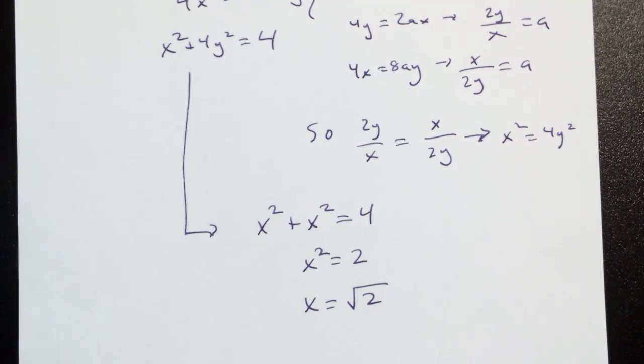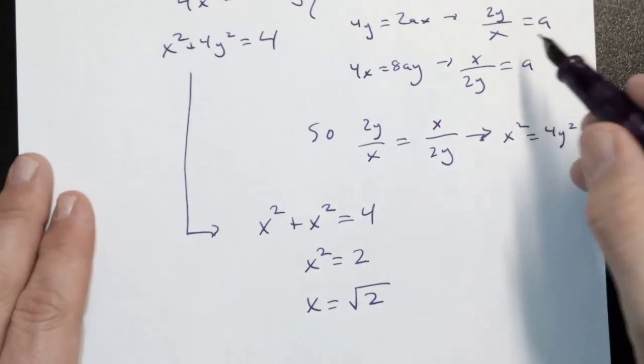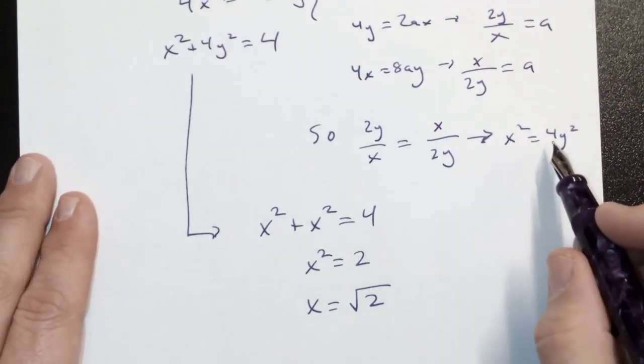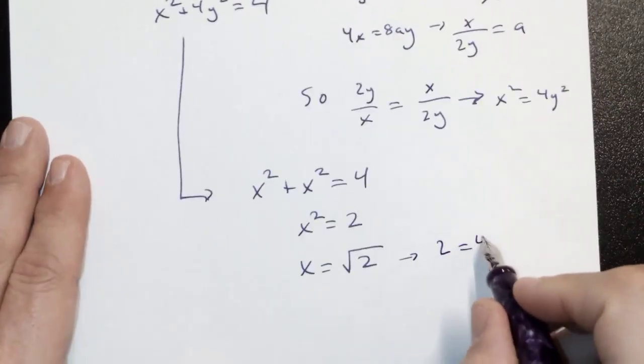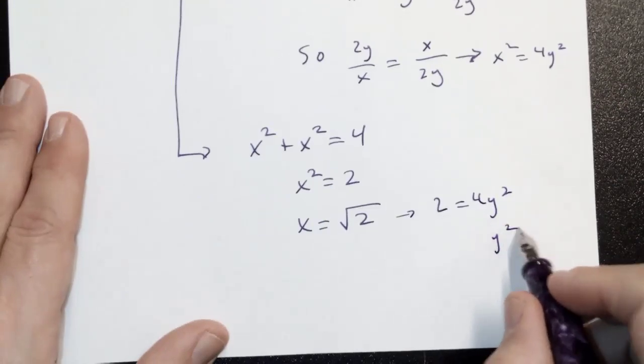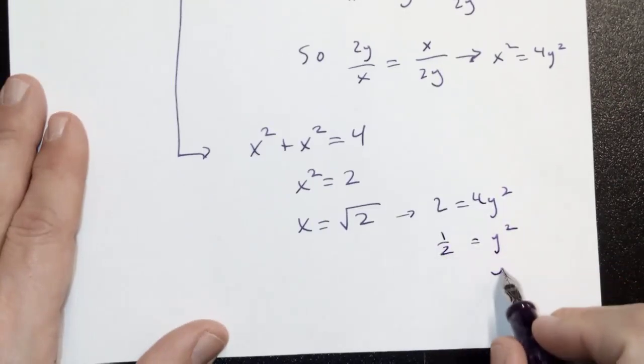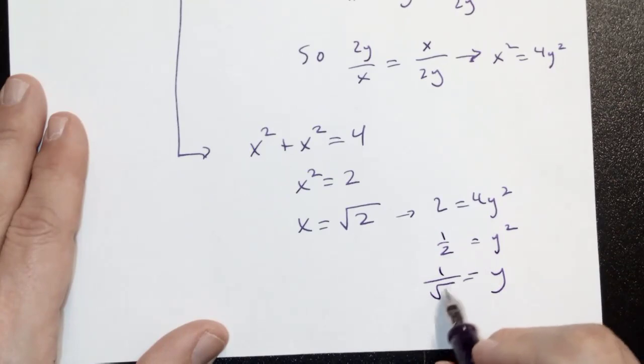If I had, instead of replacing the 4y squared with an x squared, done this in y squared, I'd get a square root there and I'd get y equals, and I'd have to use the positive one because it's in the first quadrant. Oh, wait a minute. Up here, x squared is 4y squared. That means that 2 equals 4y squared. So y squared is a half, or y is 1 over root 2.